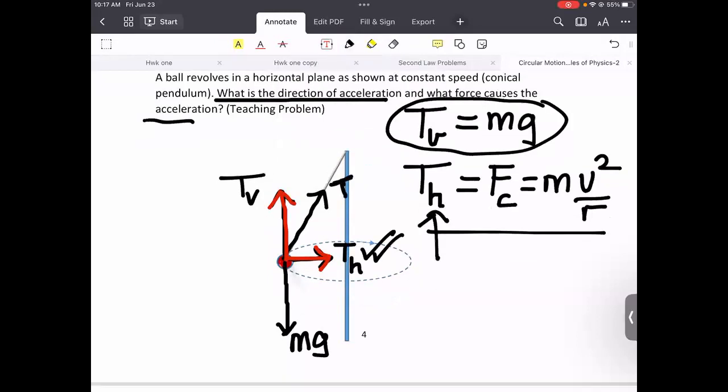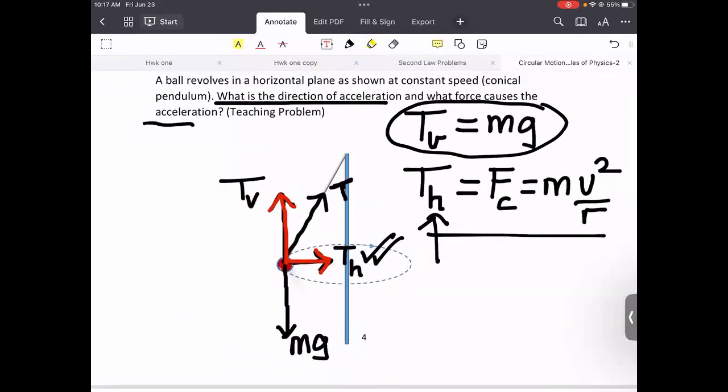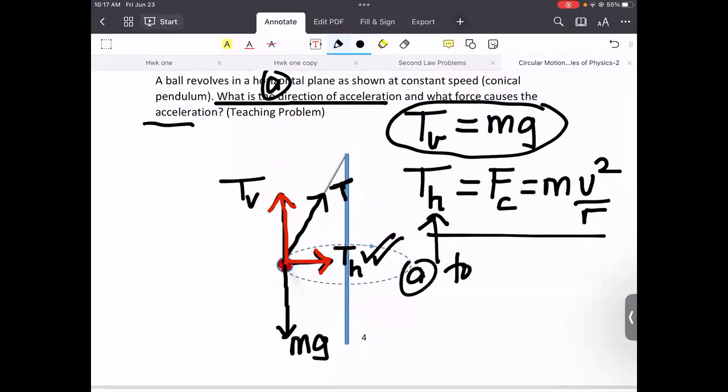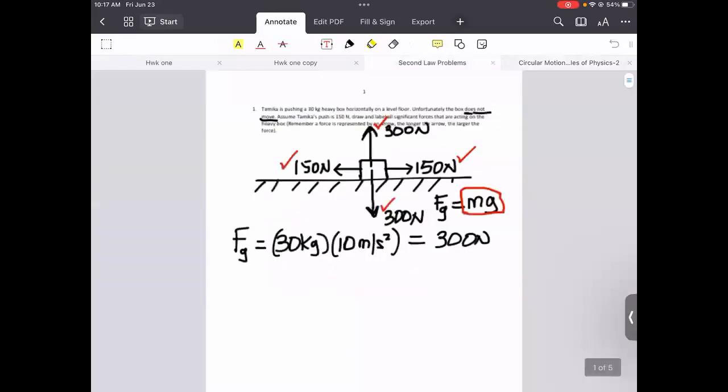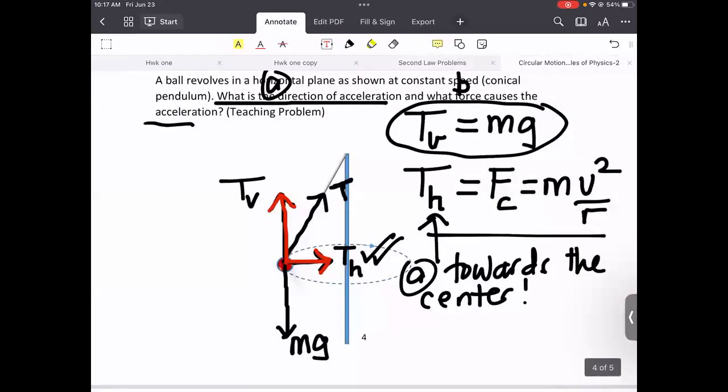Okay, let me see if I have space to write this one. Maybe I should write the answers here. So if this is part A, what is the direction of acceleration? A will be towards the center of the circular path. If the other part is B, then how do I answer that?